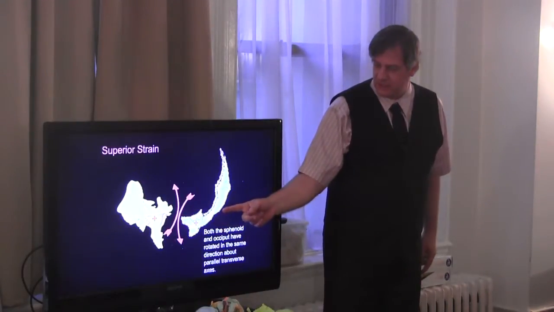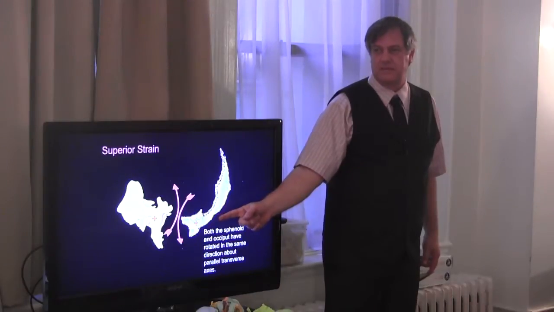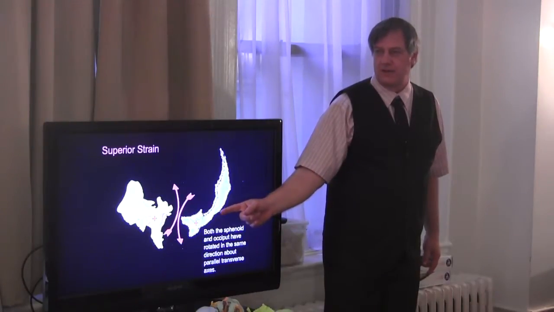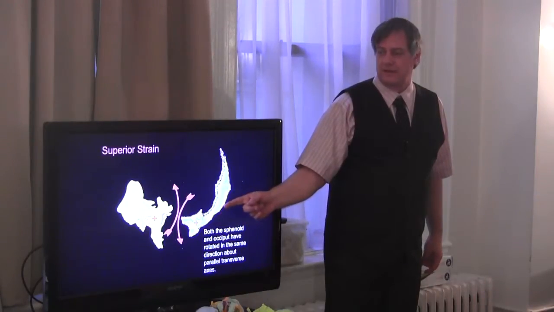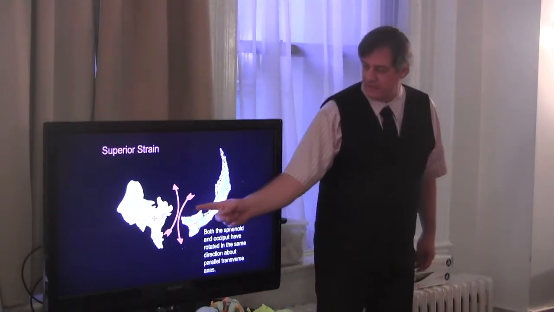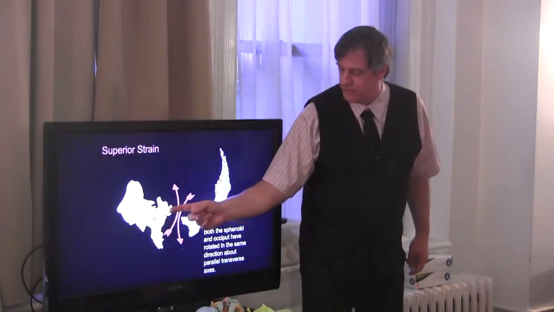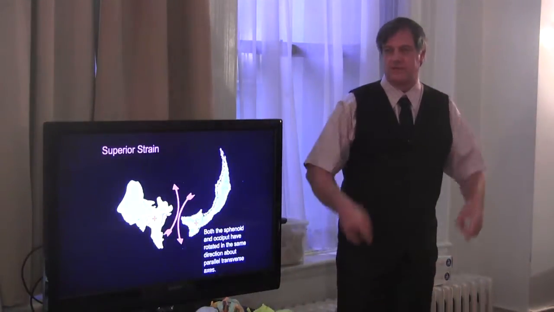The part that you feel is here and here. So the pinkies are going where? Cephalad or caudad? Look at right here and tell me, are they going up or down? Cephalad. Right. So if this part of the occiput is going up, then this part of the sphenoid is going up. And the greater wing, which you palpate with this finger, is going down to the feet.